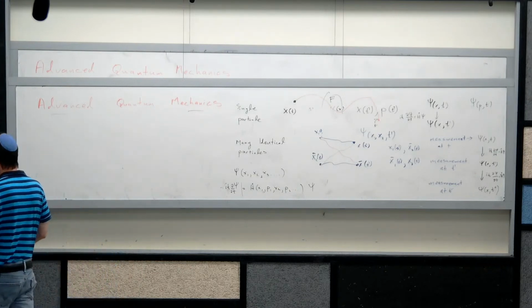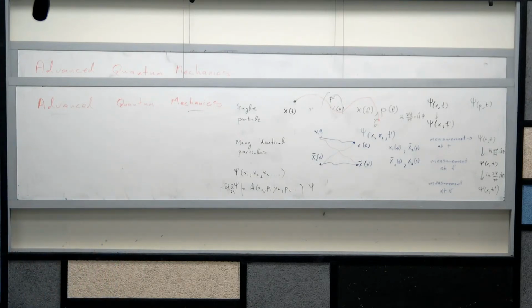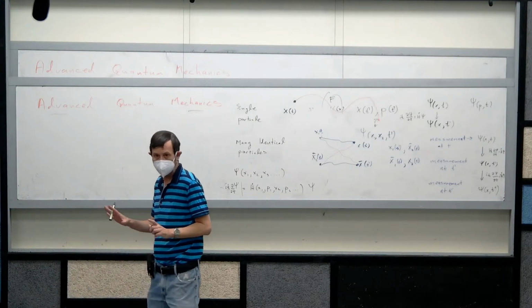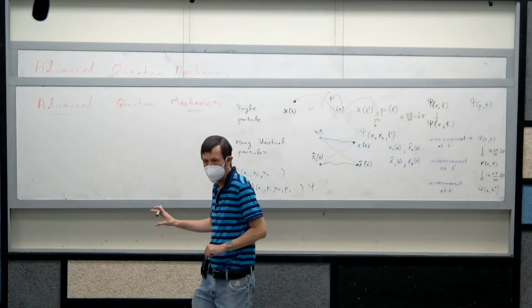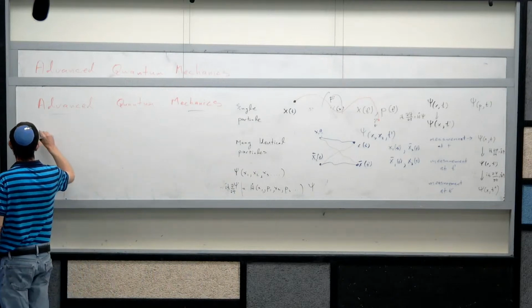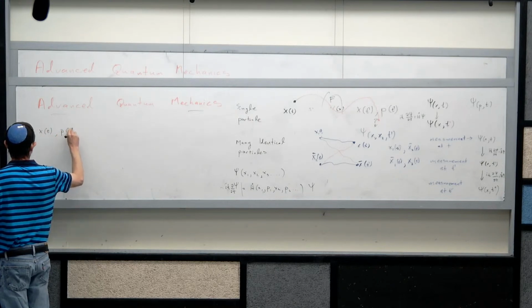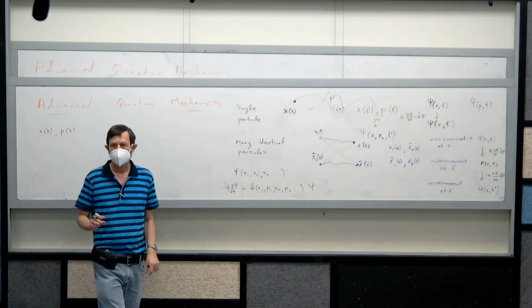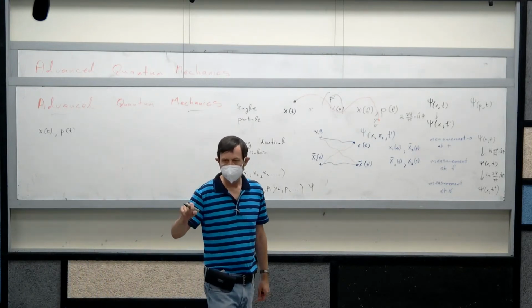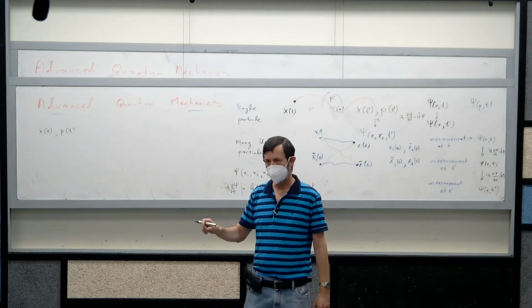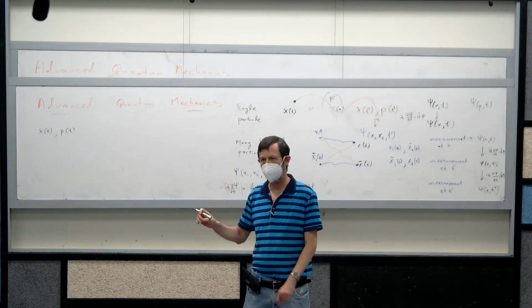So instead of the situations that I had, and I'm still talking about classical mechanics, for a particle, at each point in time, I have x, I can give you a value of x and t.